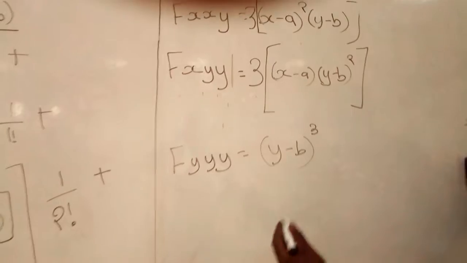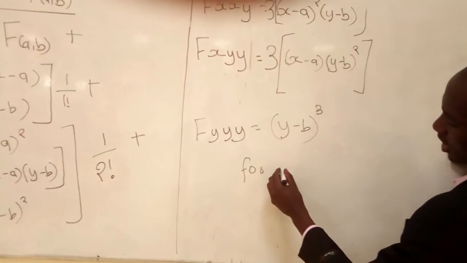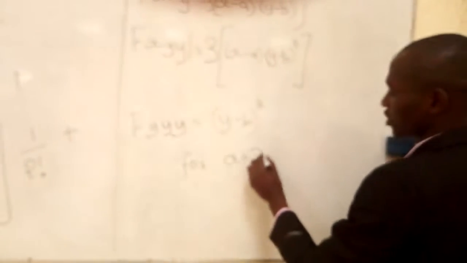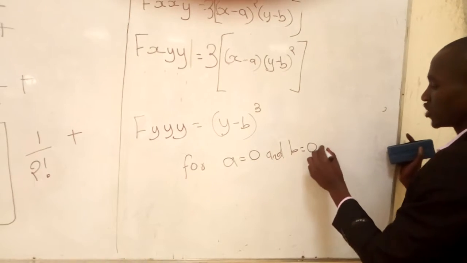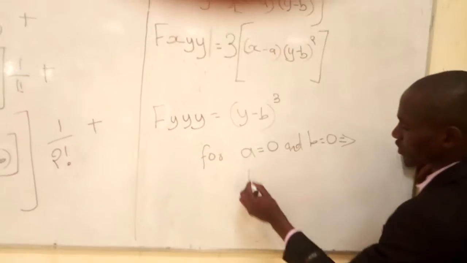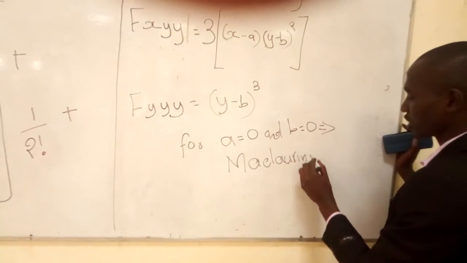So as we had said before, for a being 0 and b being 0, it will give us what is known as Maclaurin's theorem.